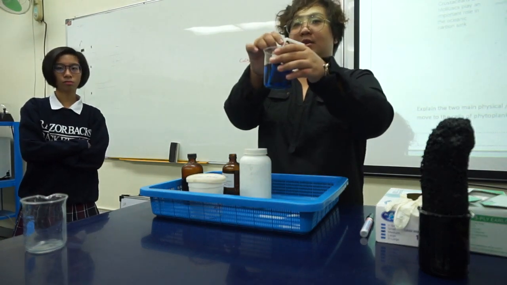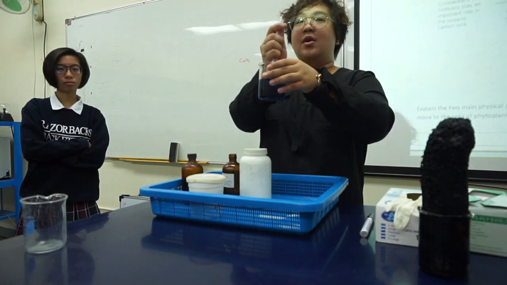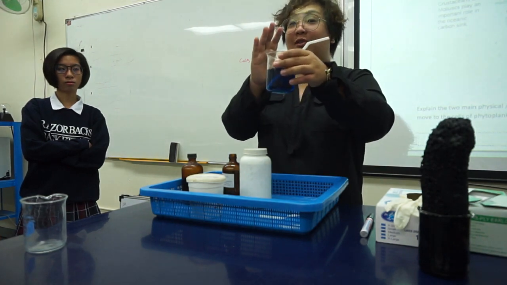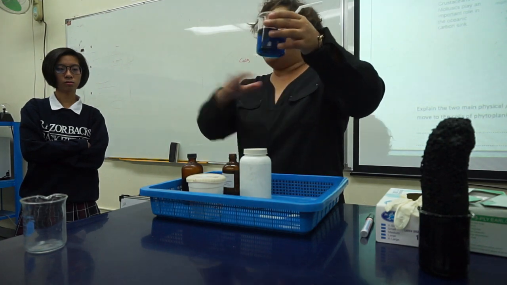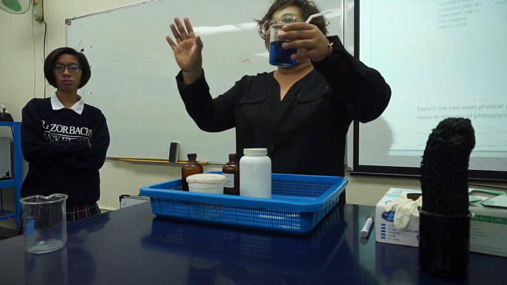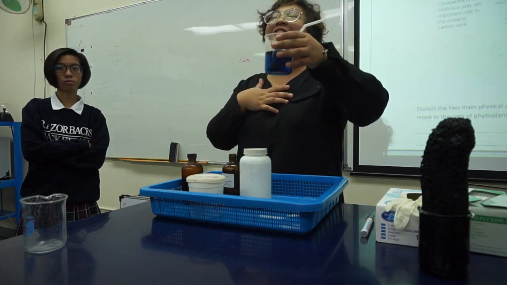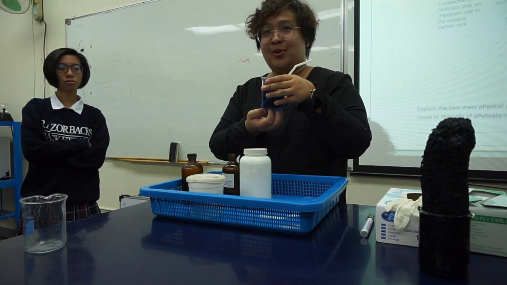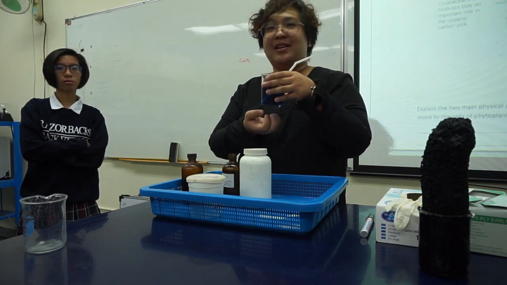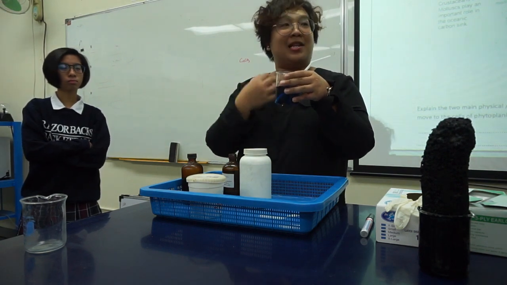Who wants to volunteer to blow air through it? What if we accidentally inhale? Will we die? No, but don't. First of all, it's liquid. How would you inhale a liquid? You're aspirating it.